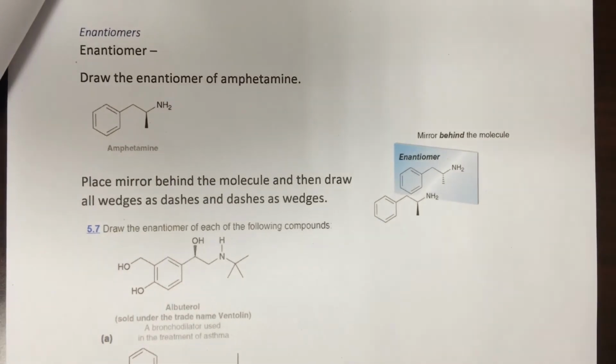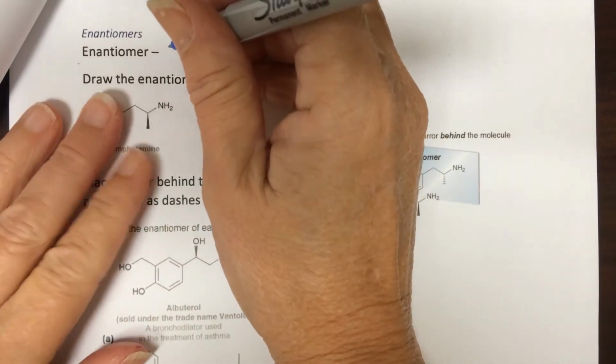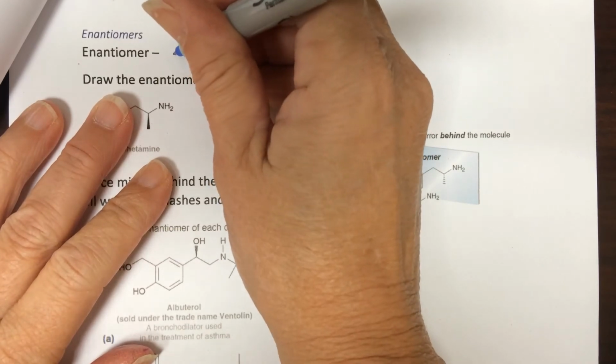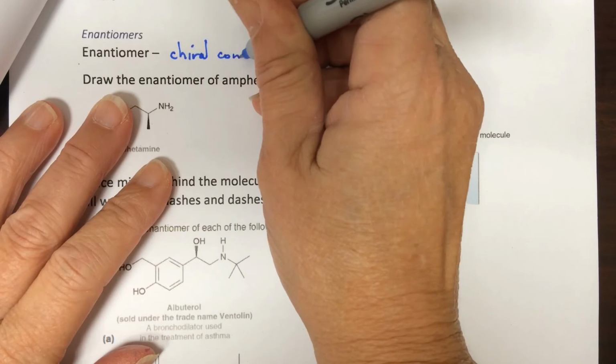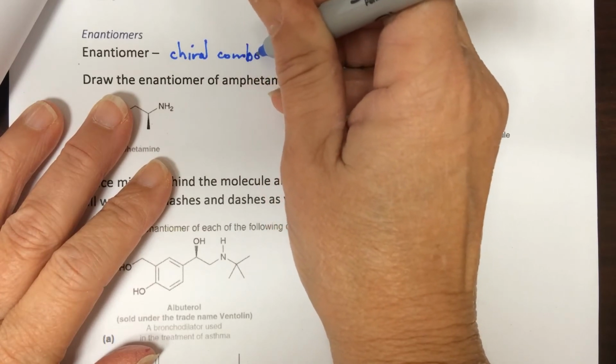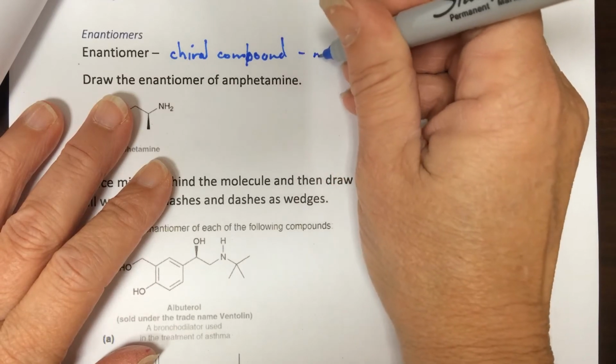So enantiomers are a chiral compound and its mirror image. It has to be a chiral compound. And its mirror image.